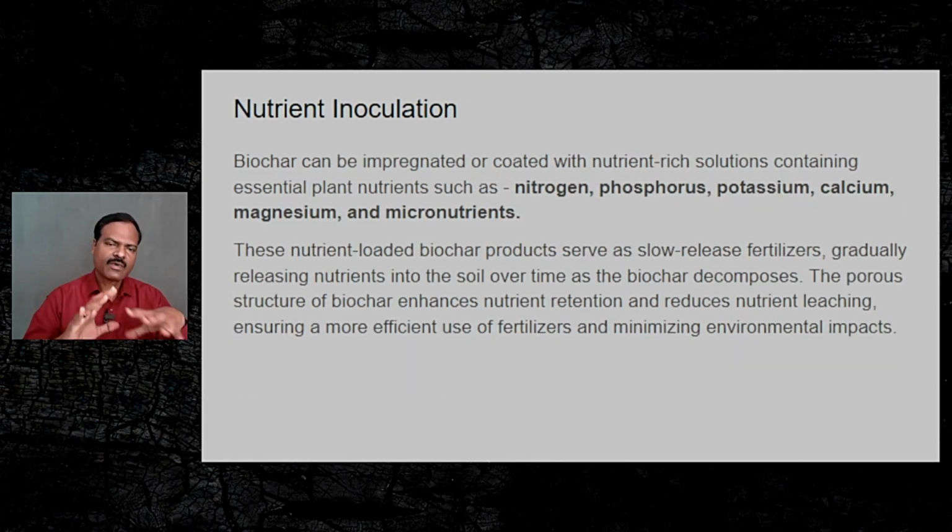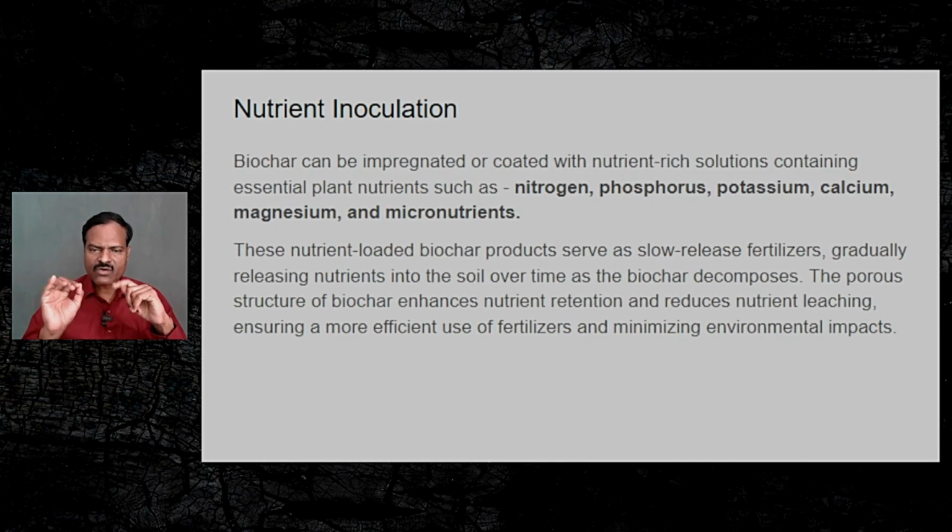Apart from microbial inoculation, nutrient inoculation can also be done. Biochar can be impregnated or coated with nutrient-rich solutions containing essential plant nutrients such as nitrogen, phosphorus, potassium, calcium, magnesium and other micronutrients.